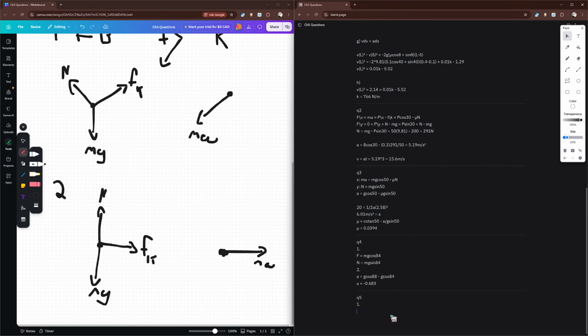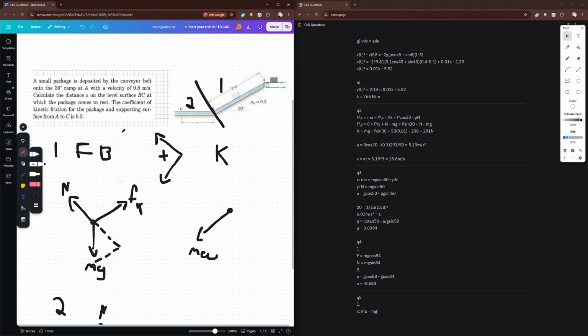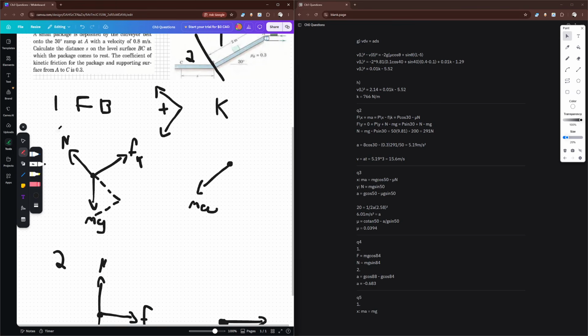So for part 1, the first section, we have in the x direction that positive ma is equal to mg, and again we have our angle here.